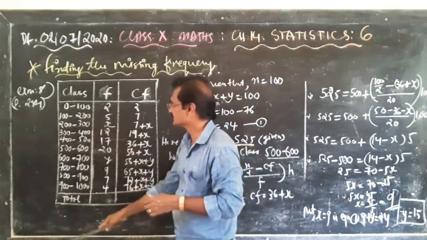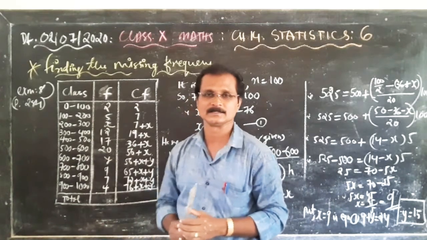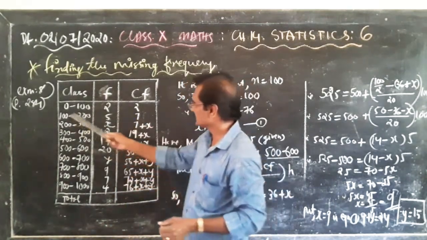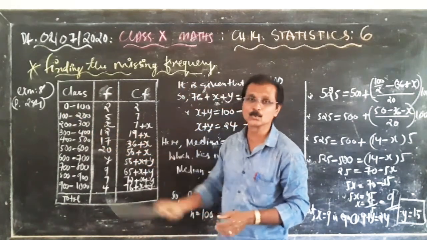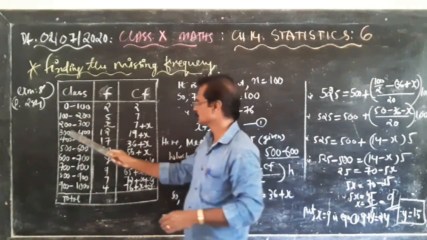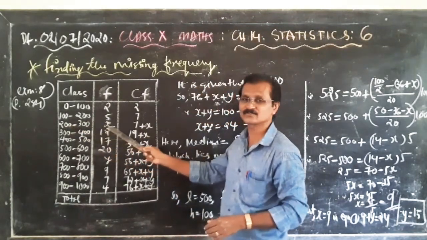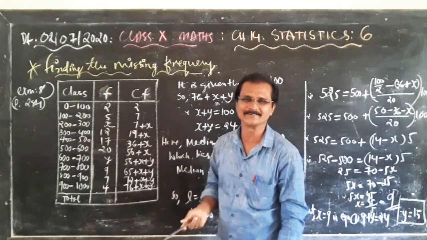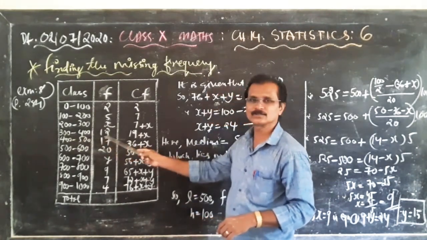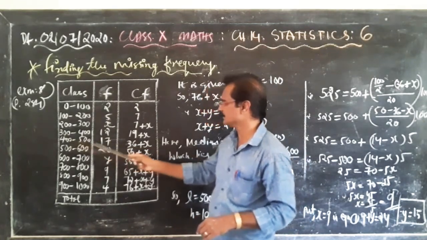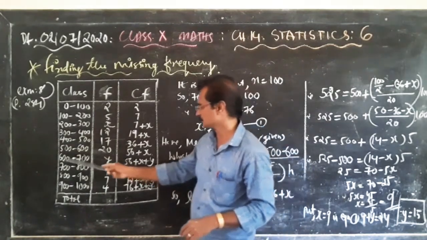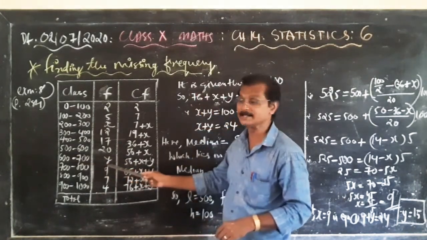So the class interval is 100. And another thing, the second column is frequency. The first class 0 to 100, the frequency is 2. 100 to 200, the frequency is 5. 200 to 300, the frequency is x, a variable. You need to find out x. 300 to 400, the frequency is 12. 400 to 500, 17. 500 to 600, 20. 600 to 700, the frequency is y.